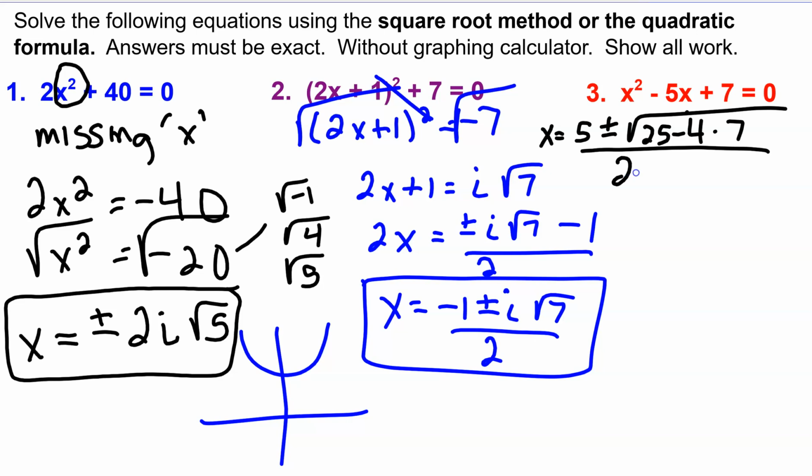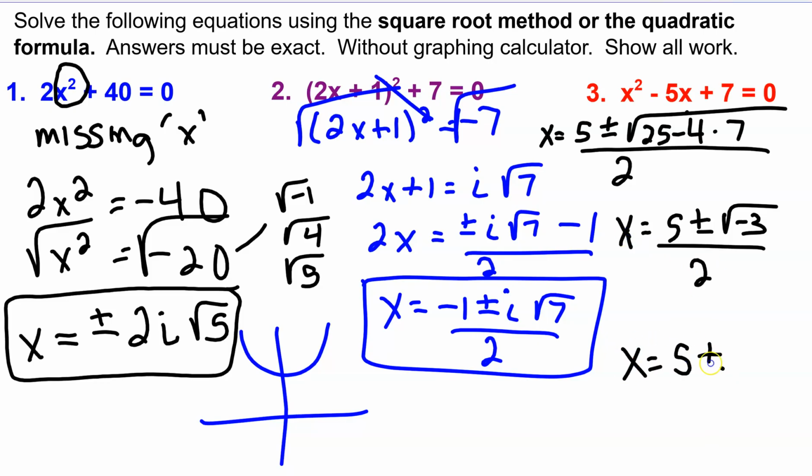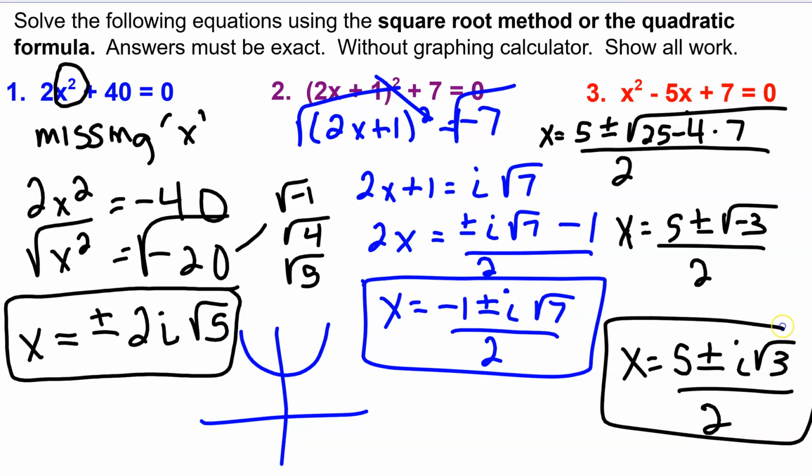All over 2 times a, which is 1. So x equals 5 plus or minus, and then you're going to go 25 minus 28, negative 3 over 2. So then x equals 5 plus or minus i, the square root of 3 over 2. So there's some imaginary roots, so you can see them. And these are all exact numbers.